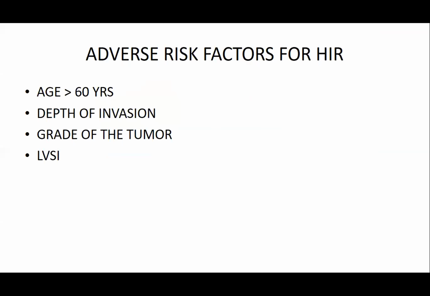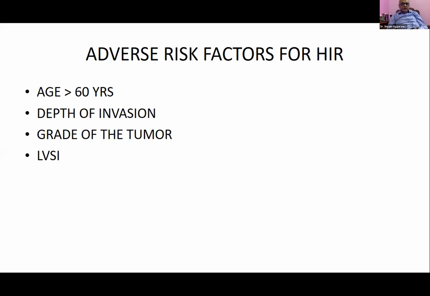So there is a little bit of a question on that. Depth of invasion more than 50%, yes. Grade of tumor, any grade 2 to 3. It is a problem as far as grade 2 is concerned. Sometimes it is put as 1 and 2 in a low risk factor. It is put as 2 and 3 in a high risk factor. So the grade of the tumor is not very clear in any of the studies. LVSI, very important. Thank you.